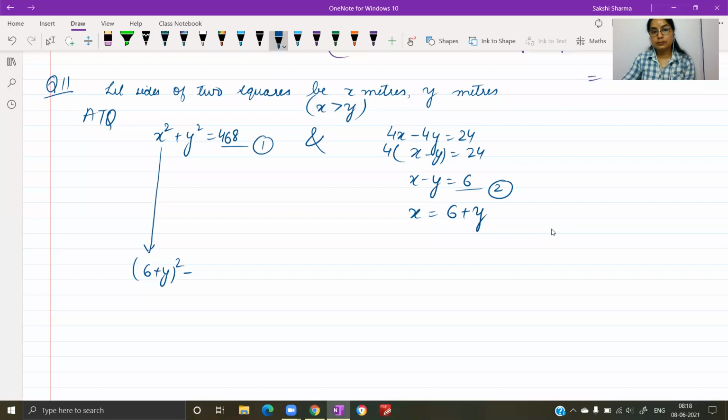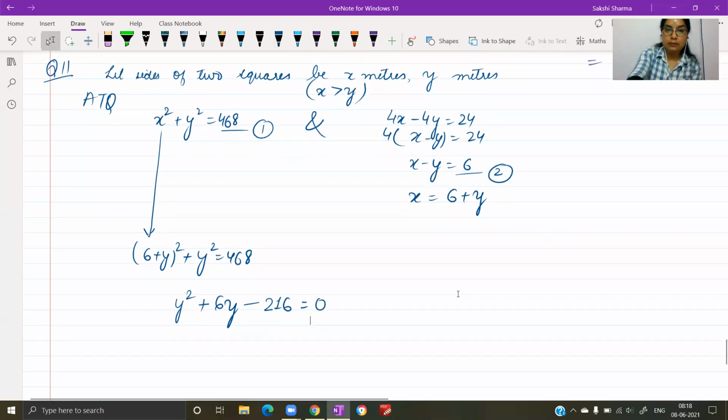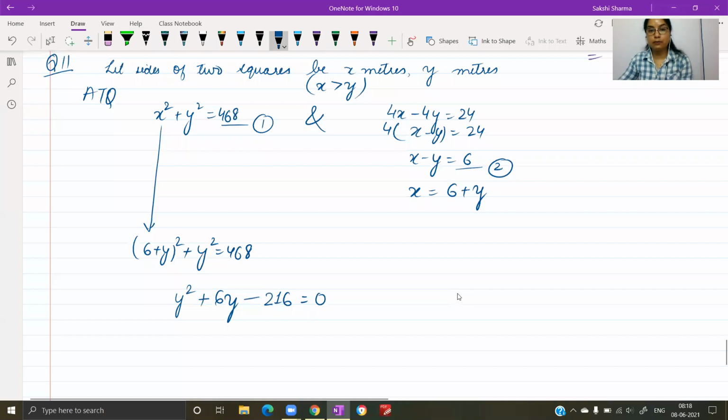Yes, ma'am. Could you repeat? Y square plus 6y minus 216 equals 0. So this is the quadratic equation in variable y. You can solve it either by factorization or using quadratic formula.